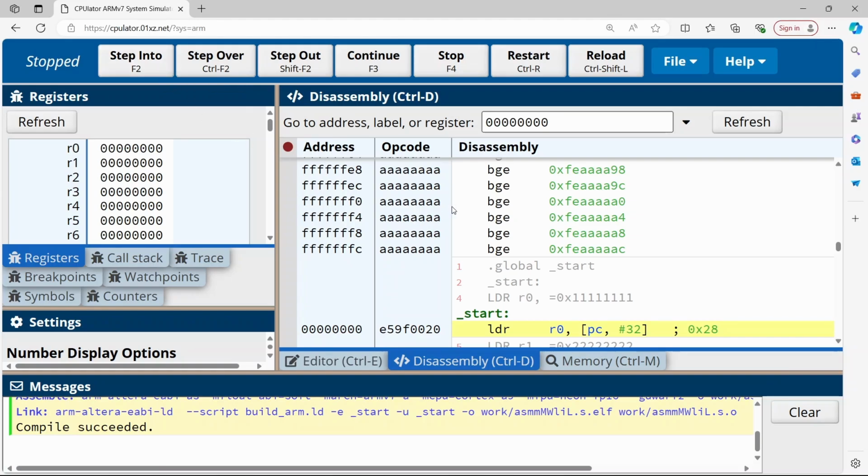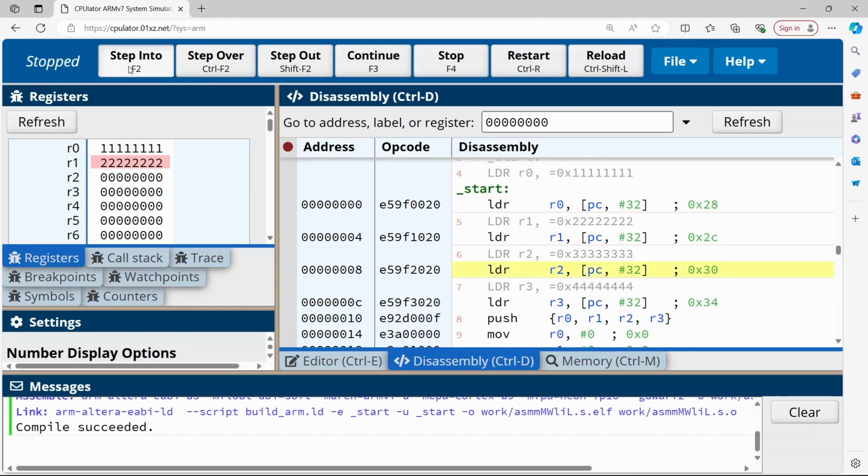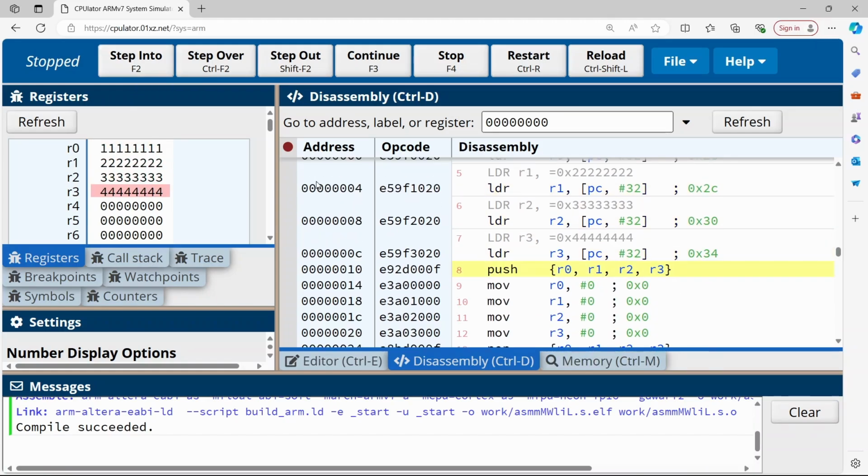As you can see, the first 4 instructions load the values into the corresponding registers. After the load instructions, R0, R1, R2 and R3 have gained the values, and after the push instruction, the values from the corresponding registers will be pushed into the stack.